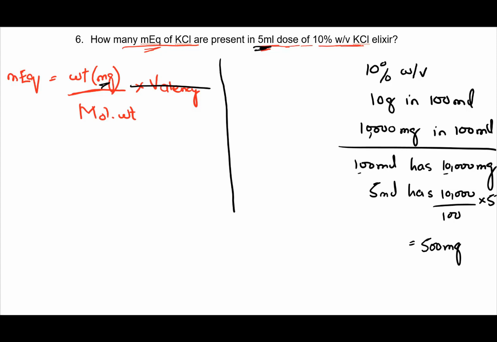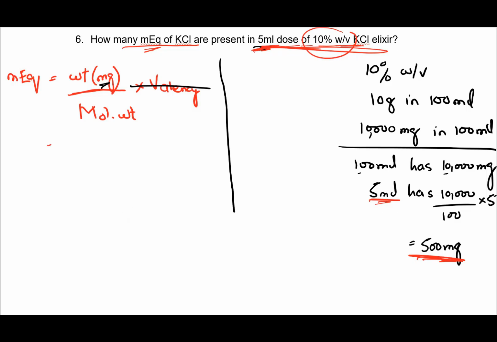So that means this 5 mil has 500 milligrams. So far from this concentration I have worked out how many milligrams will be present in this 5 mils. Now once I know how many milligrams are present in that 5 mil, I can work out how many millimoles are present by using this equation.